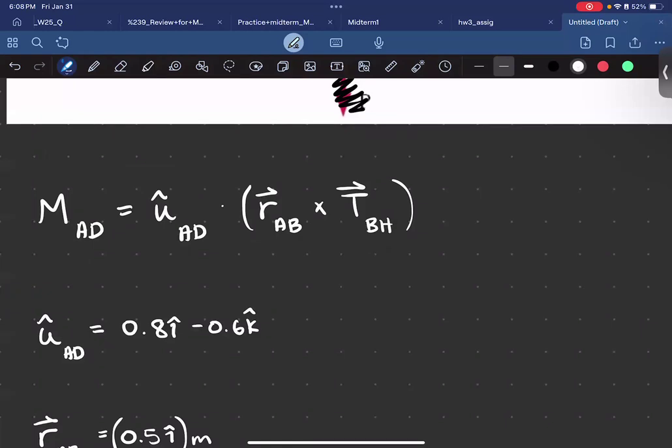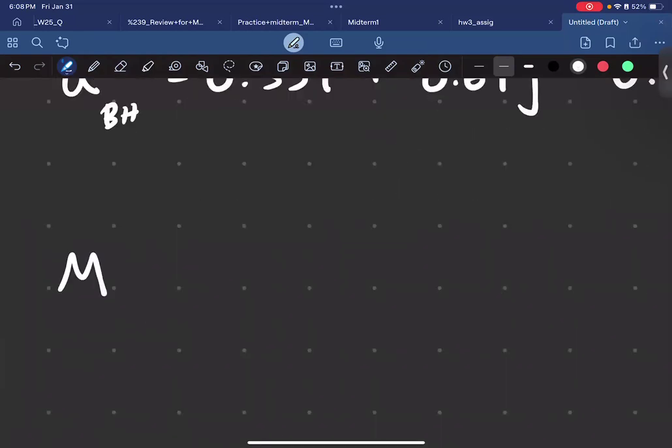And once we dot all of that together and do all the arithmetic, we'll get that the moment about AD is equal to negative 105 newton meters.